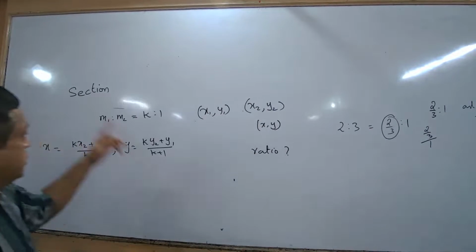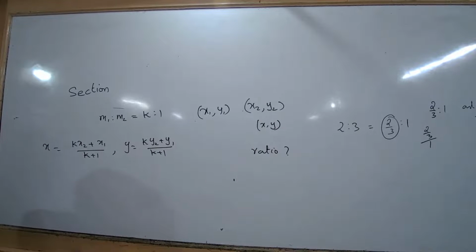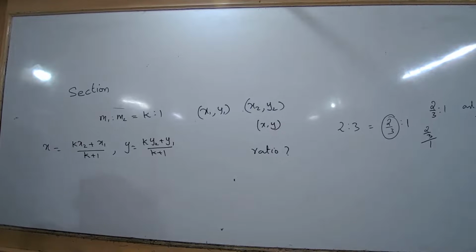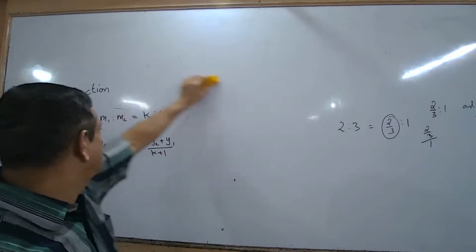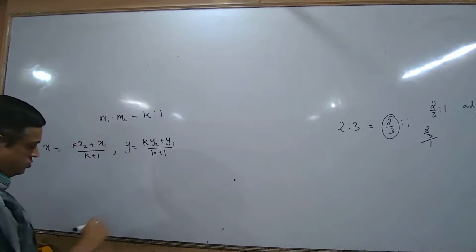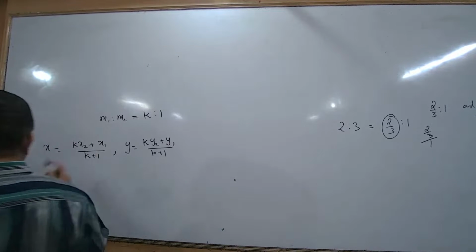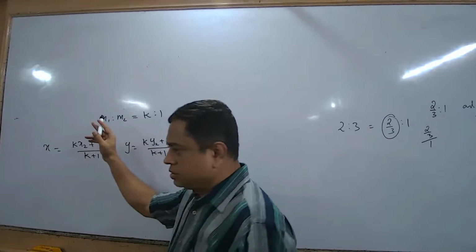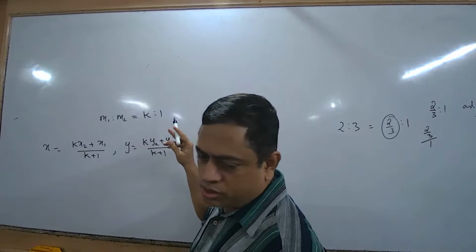Next, below, write as a note, N-O-T-E. To obtain the ratio, we replace m1 is to m2 is equal to k is to 1.